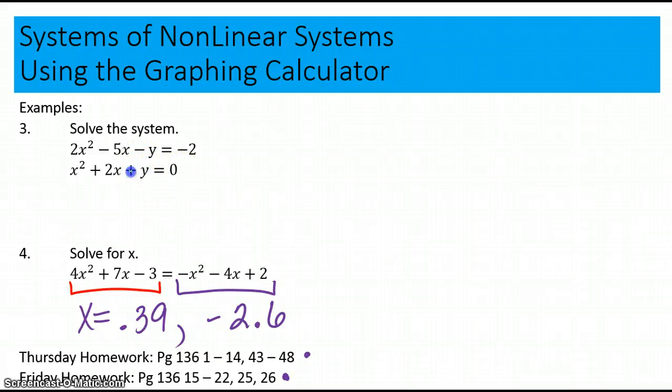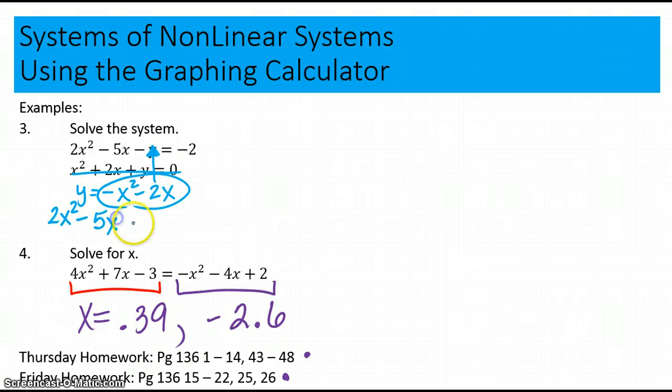And I'm going to rewrite this bottom one as y equals, I'm going to subtract x squared and subtract 2x to the right side. So that's what y equals, and that's what I'm going to put in place for y. I'm going to make sure I get that negative out front. And we have 2x squared minus 5x minus my new y, which is negative x squared minus 2x, equals negative 2.